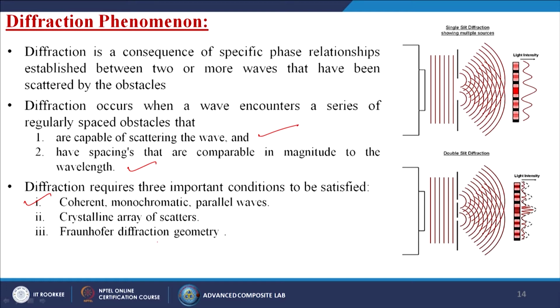On the right side you can see the single slit diffraction. Here it shows multiple sources, but it goes through in a single way. But when you are talking about double slit diffraction, you can see that when the light wave falls onto the material, all the signals mix together, but for the single case you get only a single signal.